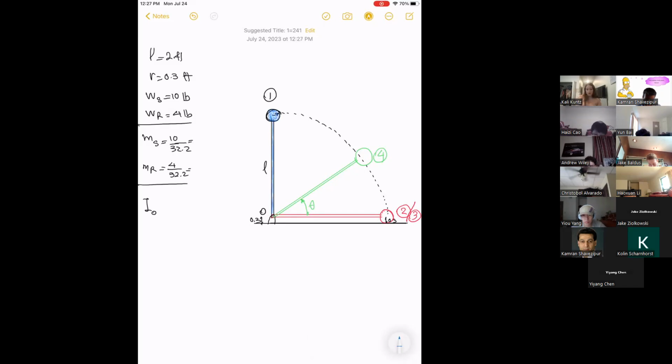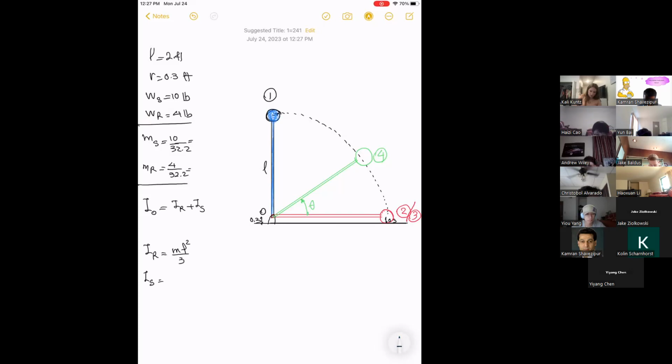This blue system, which is made of a rod and a sphere, is going to be I rod plus I sphere. I rod is M L squared by 3.